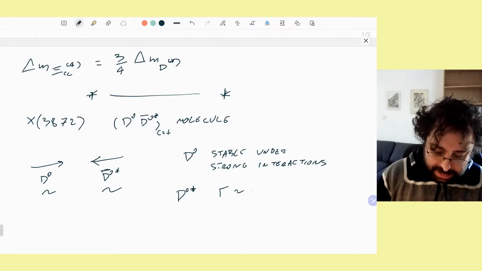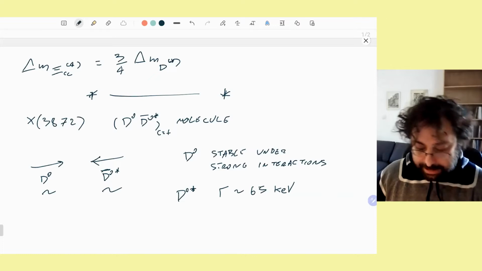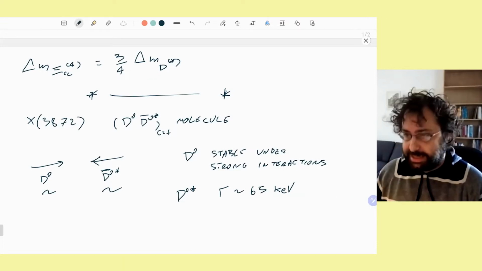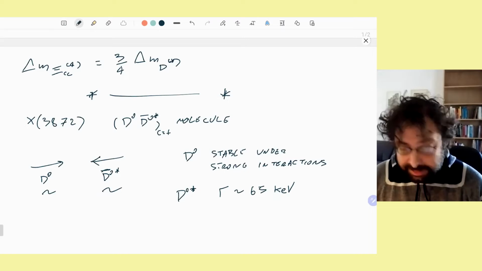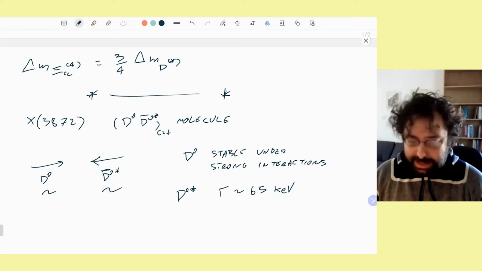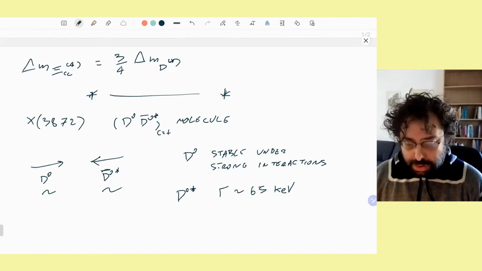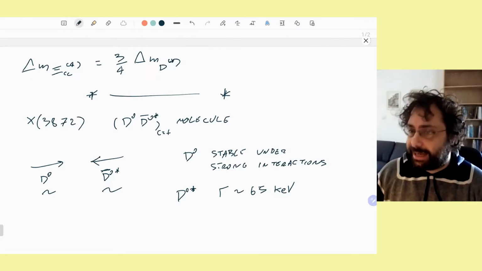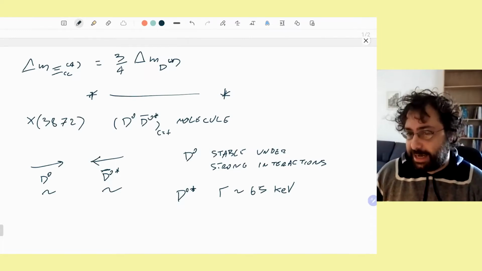There is no real measurement for the D0 star, but still there are estimates that tell us that this is of the order of 65 keV. And if we compare with the width of the order of MeVs that we are interested in, this is still very small.